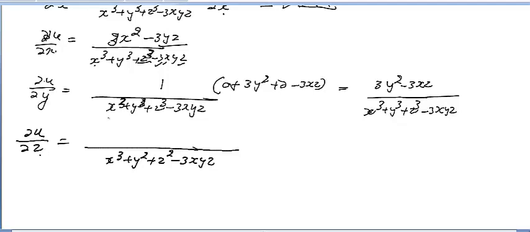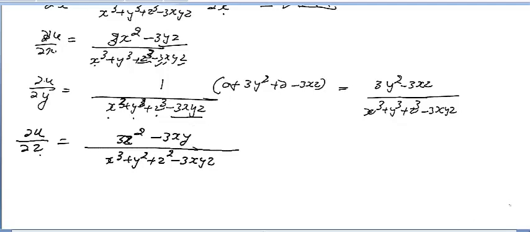So x is constant, y is constant, 0. Derivative of z cube is 3z raised to power 2. Now derivative of minus 3xyz with respect to z will be minus 3xy, because derivative of z with respect to z is 1. So you got all the values, the derivatives of u with respect to x, y and z.